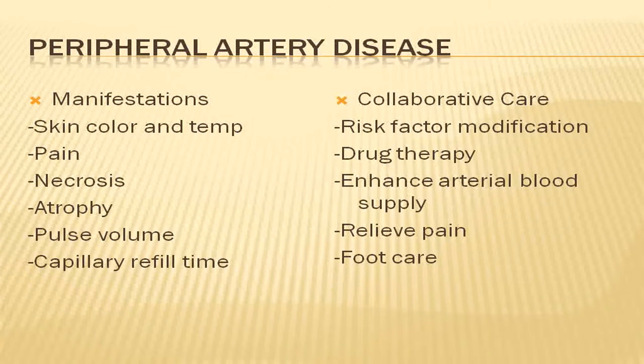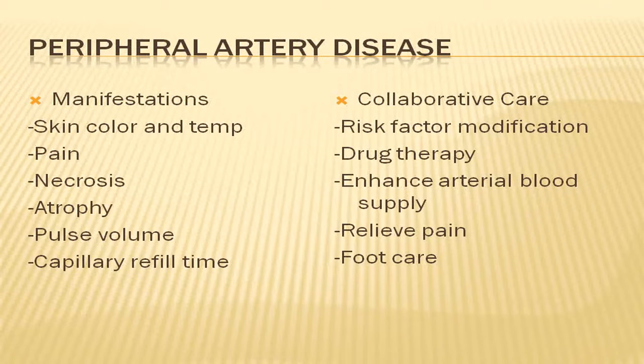So again, if we're going to treat peripheral artery disease, we are going to have to help this person to do some lifestyle modifications: controlling smoking, controlling high cholesterol levels, maintaining healthy blood pressure, and maintaining healthy blood glucose levels.